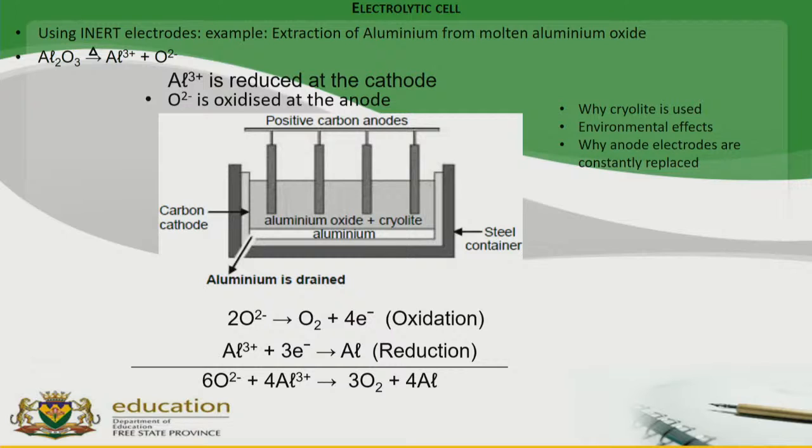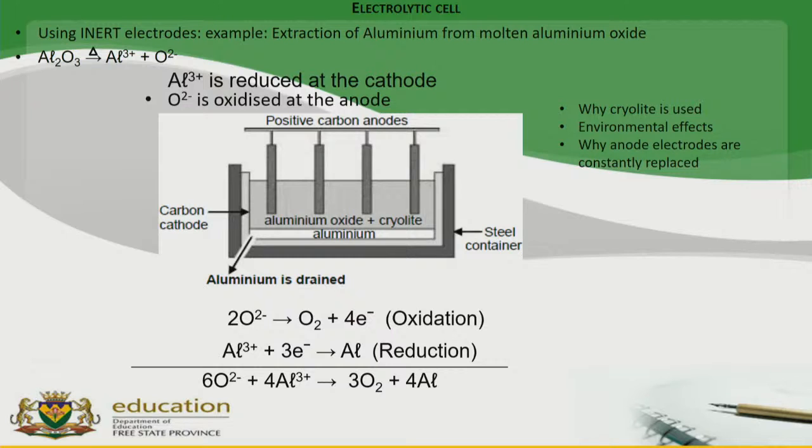So the oxygen that is formed can react with that carbon to form carbon dioxide. So after a while, the anodes, which are carbon rods, have to be replaced because they react with the oxygen formed there to form carbon dioxide. You might be asked to explain the environmental effects. For example, the carbon dioxide that is formed there can contribute to greenhouse gases.